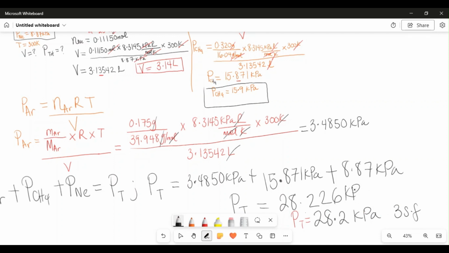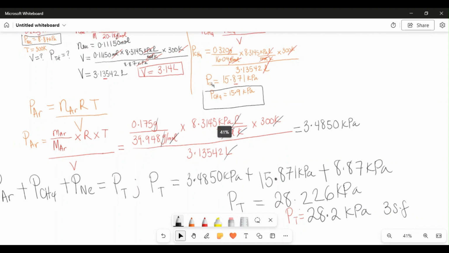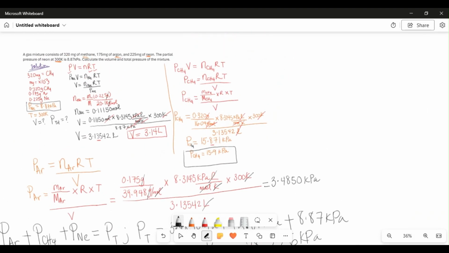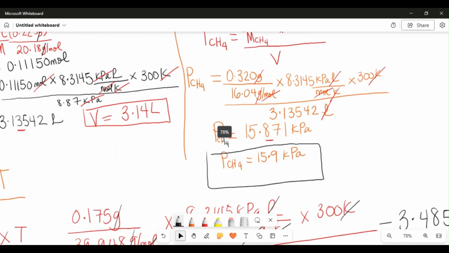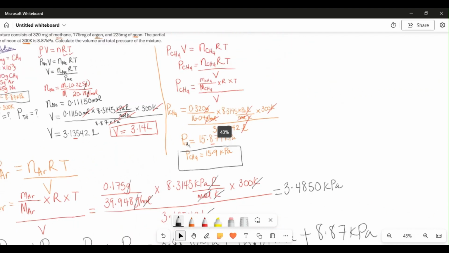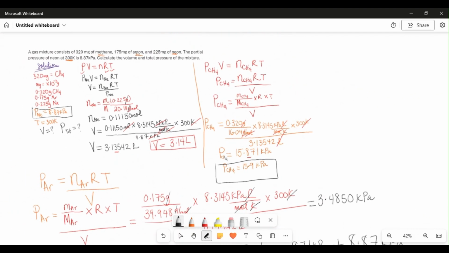Please look at your work and everything we've done. We successfully determined the volume at the beginning, which is 3.14 liters. We first determined the volume by using the pressure and the mass that we were given to determine the number of moles, and we put that into the gas equation.